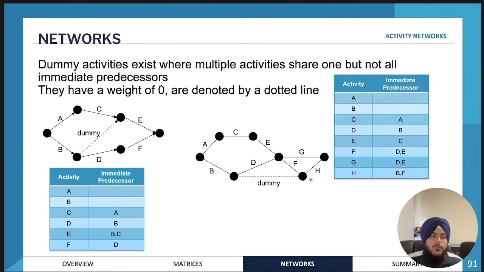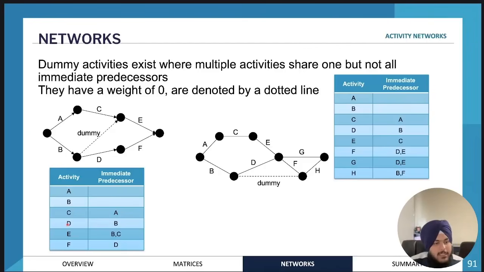But a problem that you will shortly notice when you write up the precedence table is the fact that some activities might have one of the same predecessors, but not all immediate predecessors are the same.